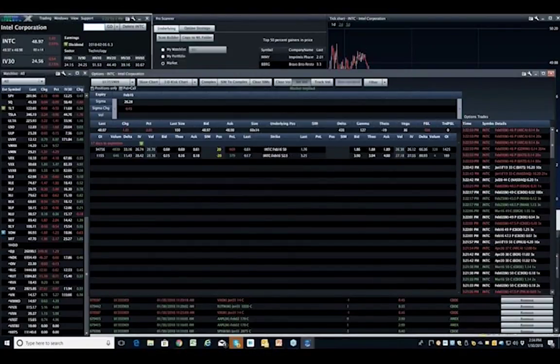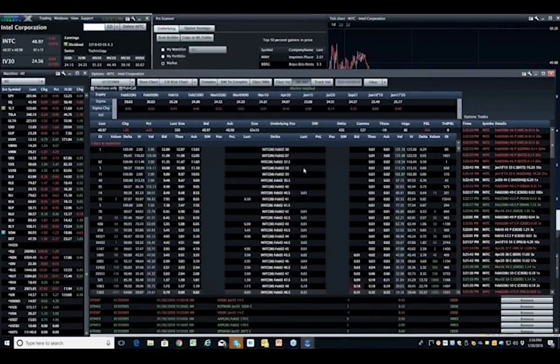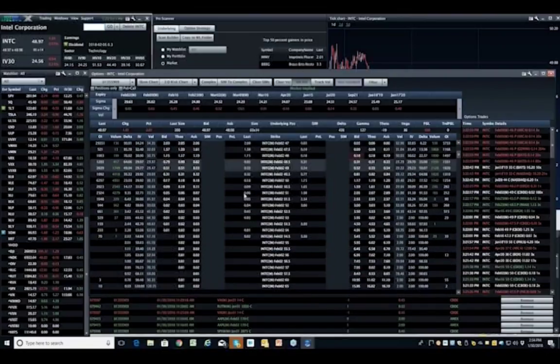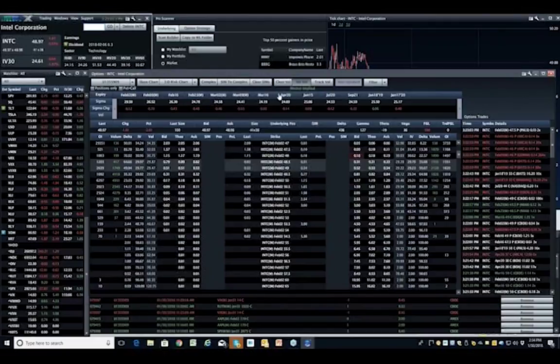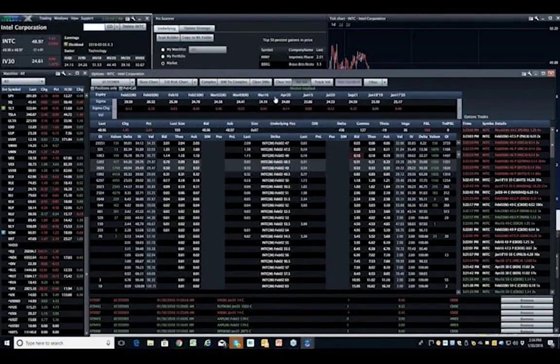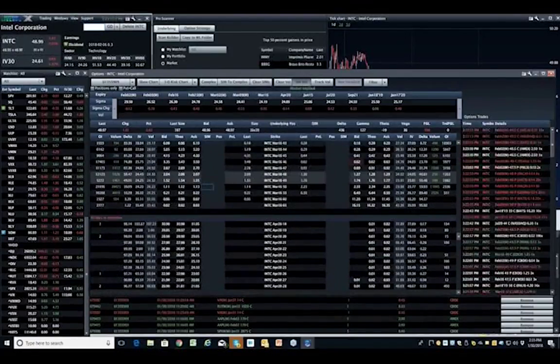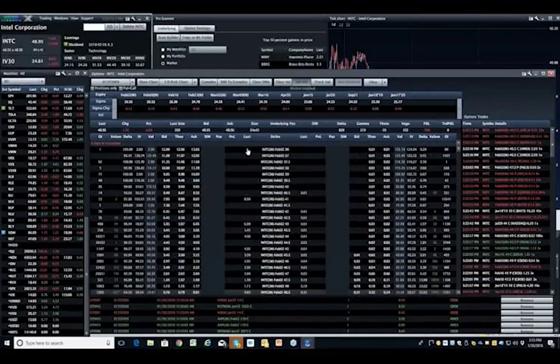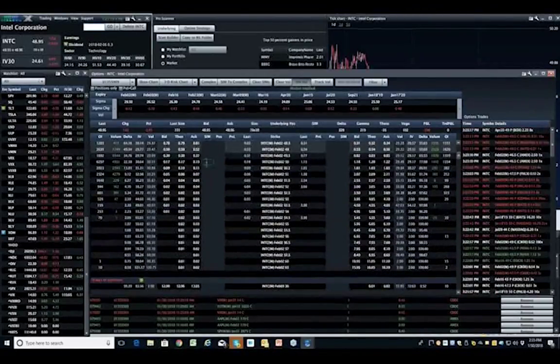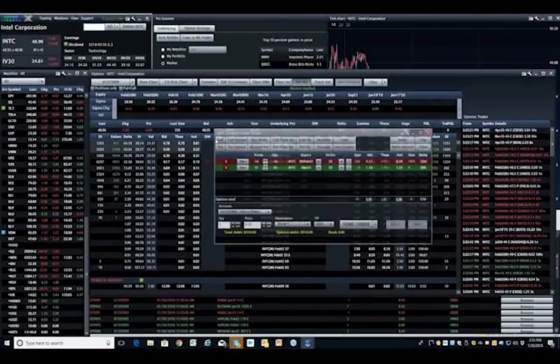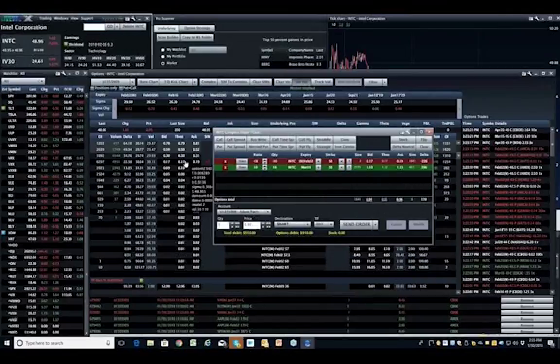All right, if I was going to do something right now, I might throw on a calendar spread instead. I might throw on the March 50, Feb expiring Friday 50 calendar spread.